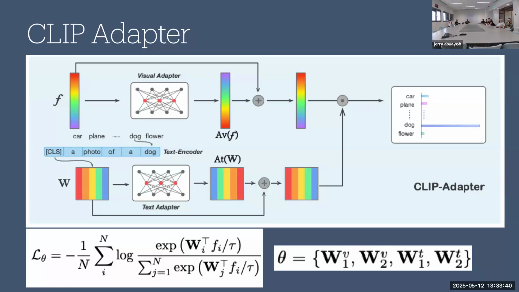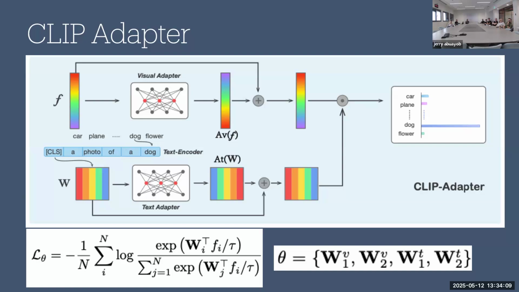And this is the CLIP adapter. Like I said before, the adapter is basically a linear transformation. It's basically two linear transformations, an autoencoder. First we have an image and a prompt like before. Each one of them goes through the relevant encoder and returns an embedding representation. F is the visual embedding and W is the text embedding.